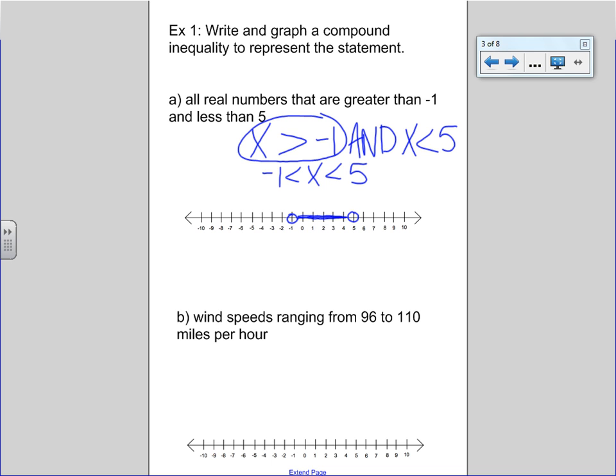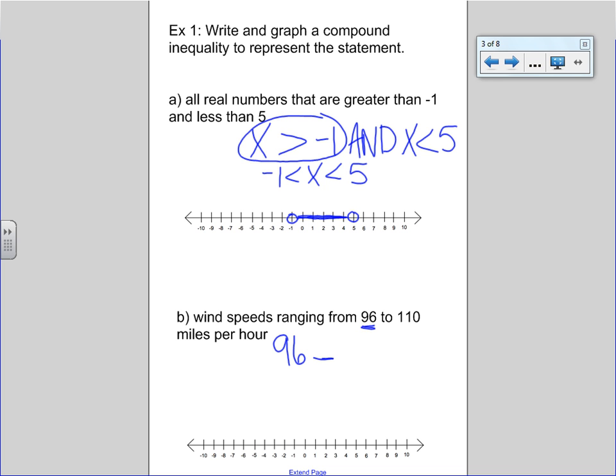On B, it says wind speeds ranging from 96 to 110 miles per hour. That means that it could be 96, and it could be anywhere between 96 and 110, including 110. So whenever we write that one, I think it's easier to start by writing it as the whole compound inequality at once, because 96 is the least that it can be, because it's ranging from 96.